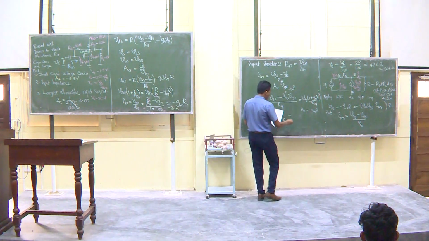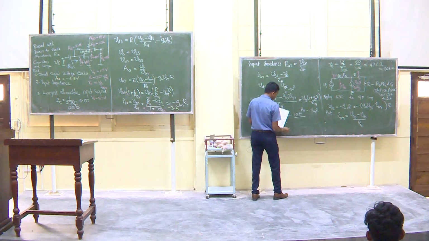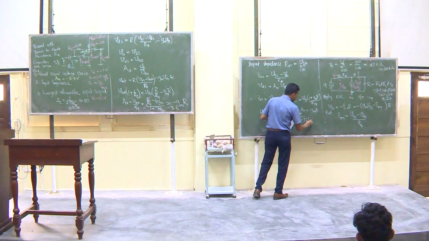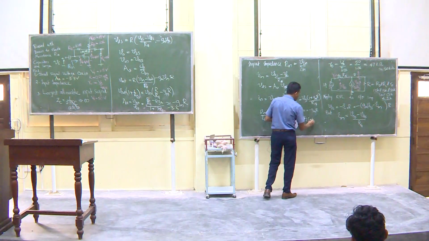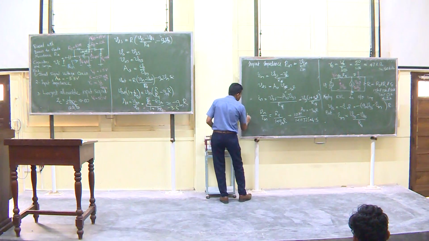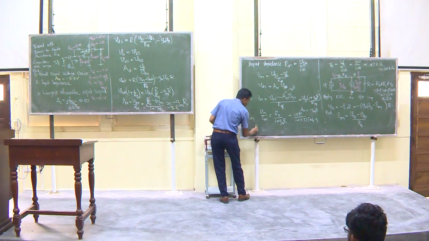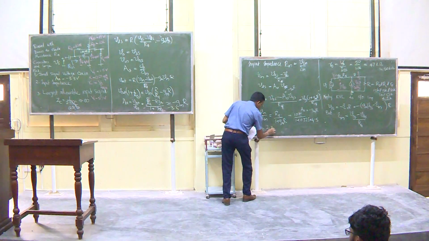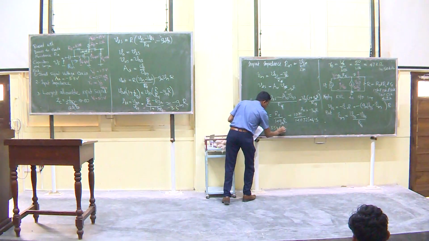So this value is 10 mega ohms divided by 1 plus 0.725 times 4.5. So this value, R in, is equal to 2.35 mega ohms.